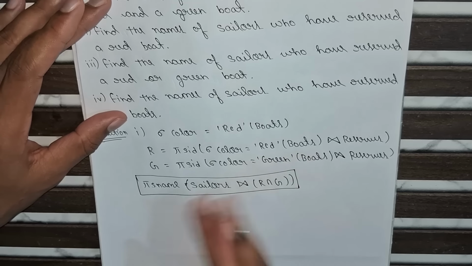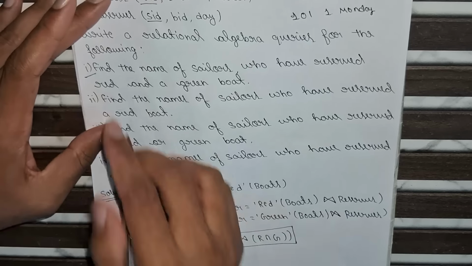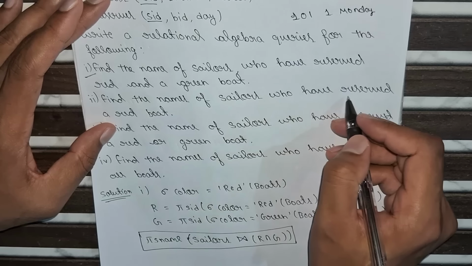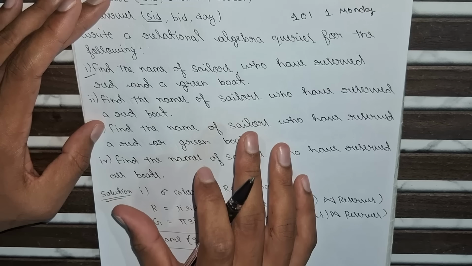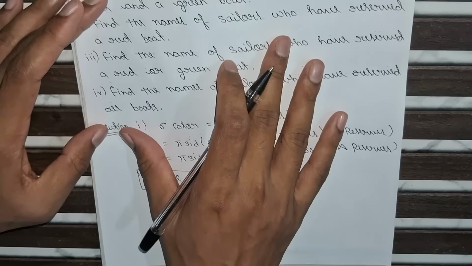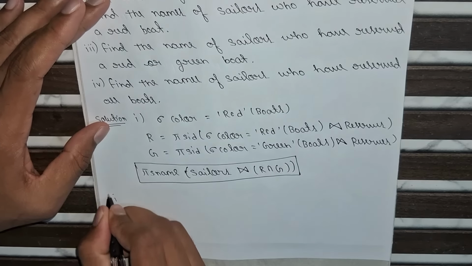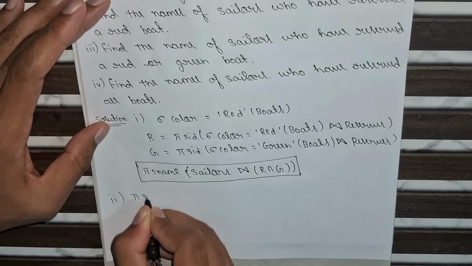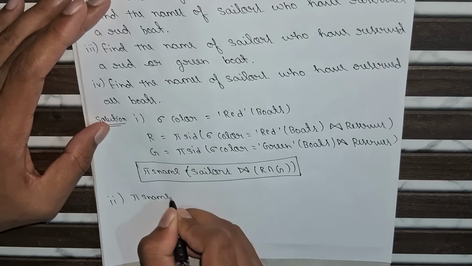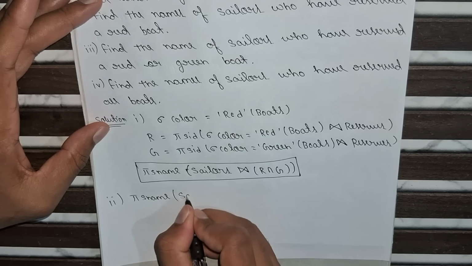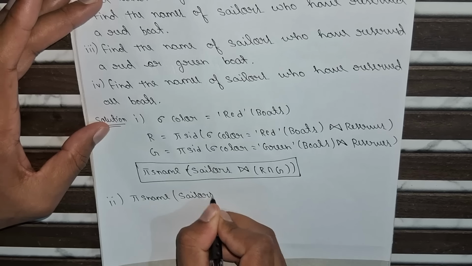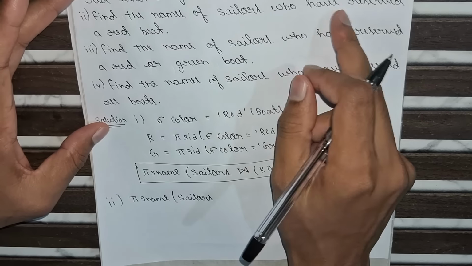Now for the second one, the question asks to find the names of the sellers who have reserved a red board. So only the red boards are asked. So directly we will write like this. For the second one, pi of sname, whatever is asked, the names of the sellers. So sellers we will write, which is joined with those who have reserved.